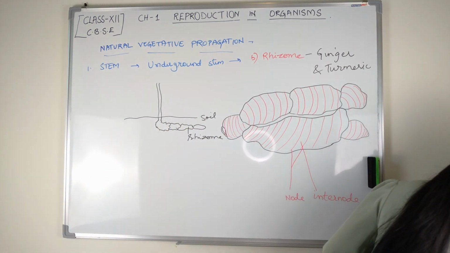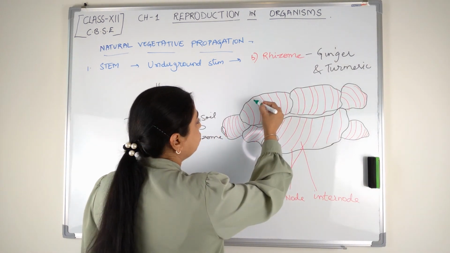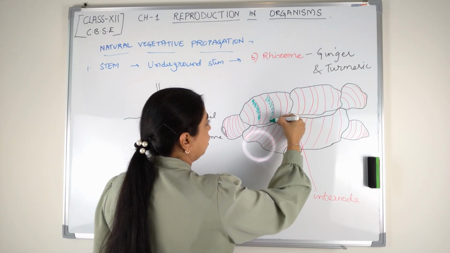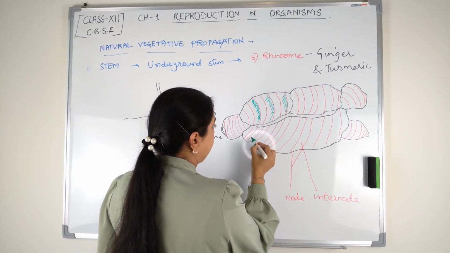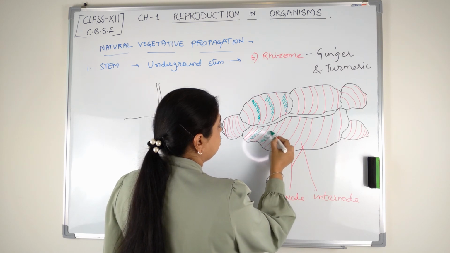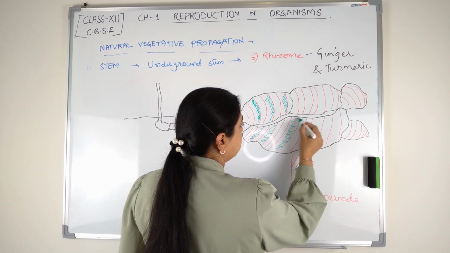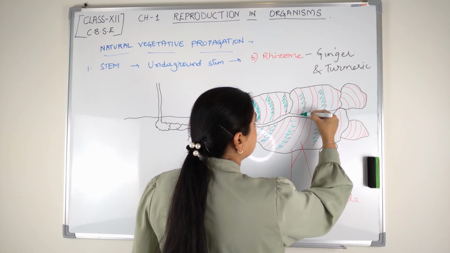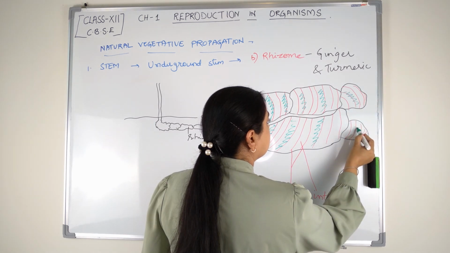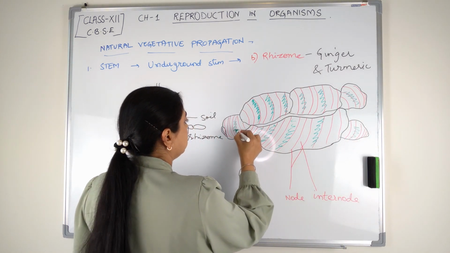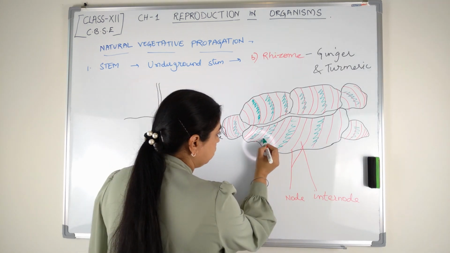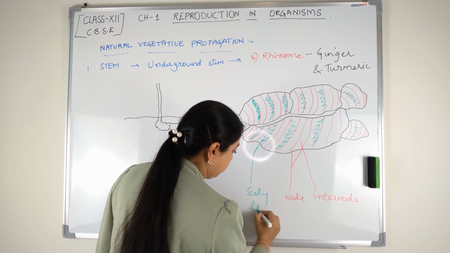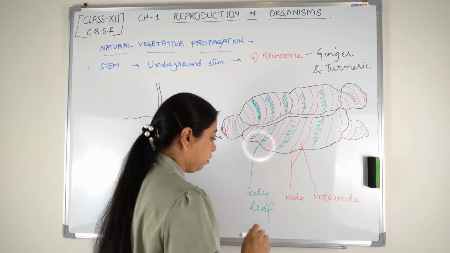As I told you, there are some flaky, papery structures present at some places. These structures are nothing but the scaly leaves. So this one is a scaly leaf. Clear?